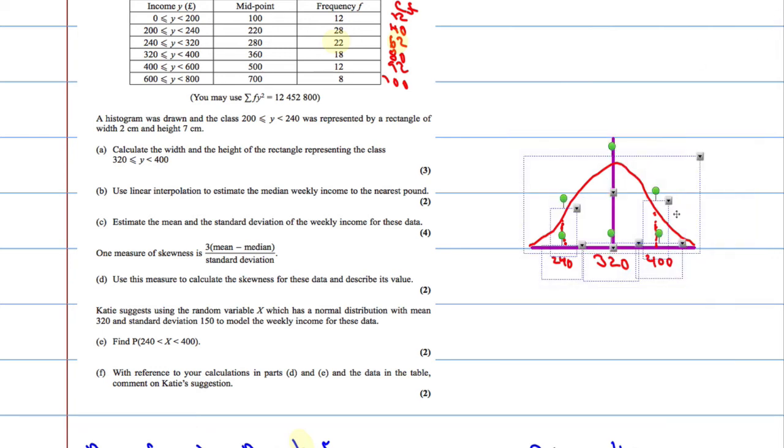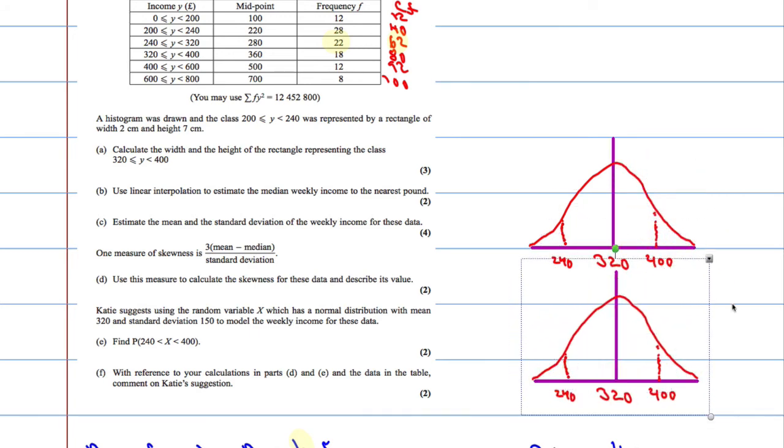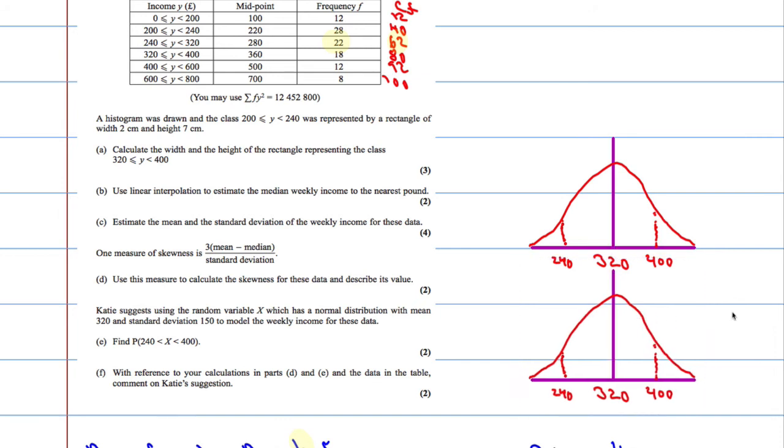Okay, now just a normal distribution question. As always, we like to have a transformed one underneath. So I'm going to map this to the standard normal distribution, where the mean is 0. And essentially what I want to know is, what is the area of this section here? In fact, one thing you might notice is that from 240 to 320 is actually the same distance as from 320 to 400.